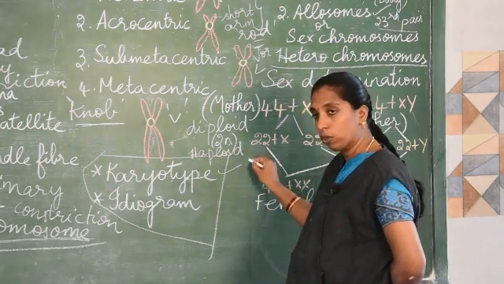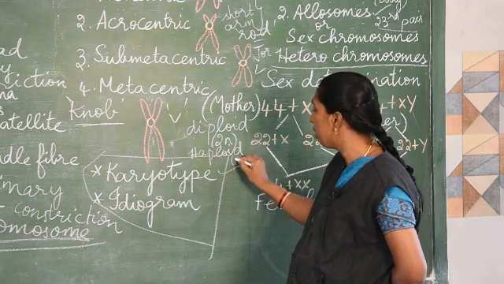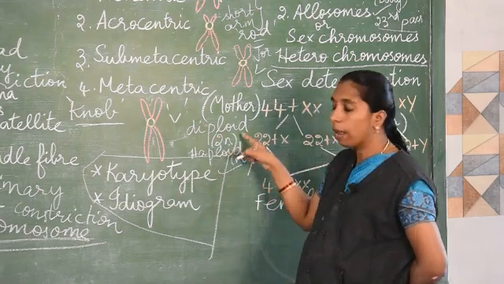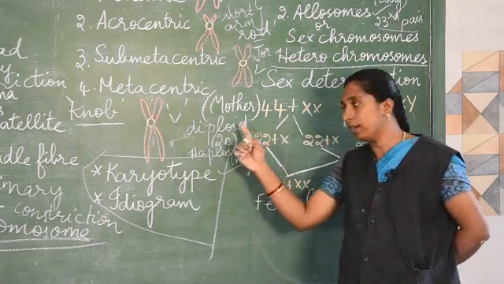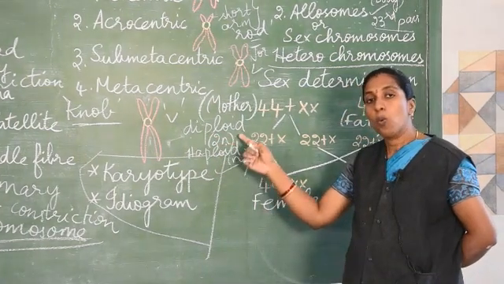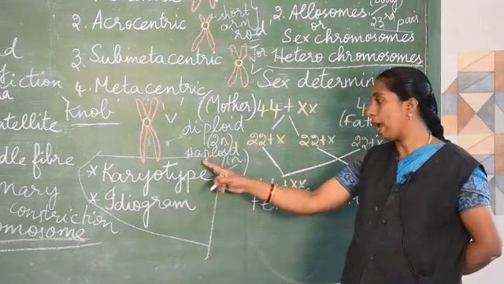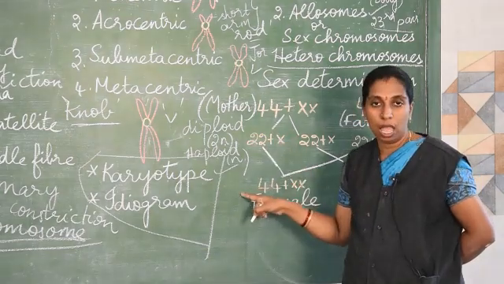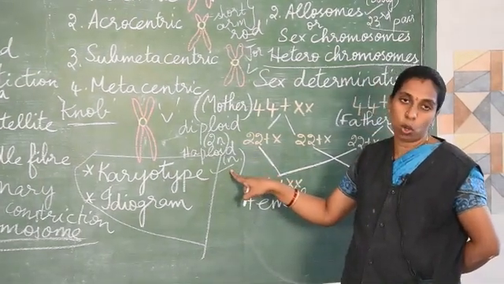A haploid number of chromosomes is represented as n, whereas a diploid number is represented as 2n. That is only one set of chromosomes.